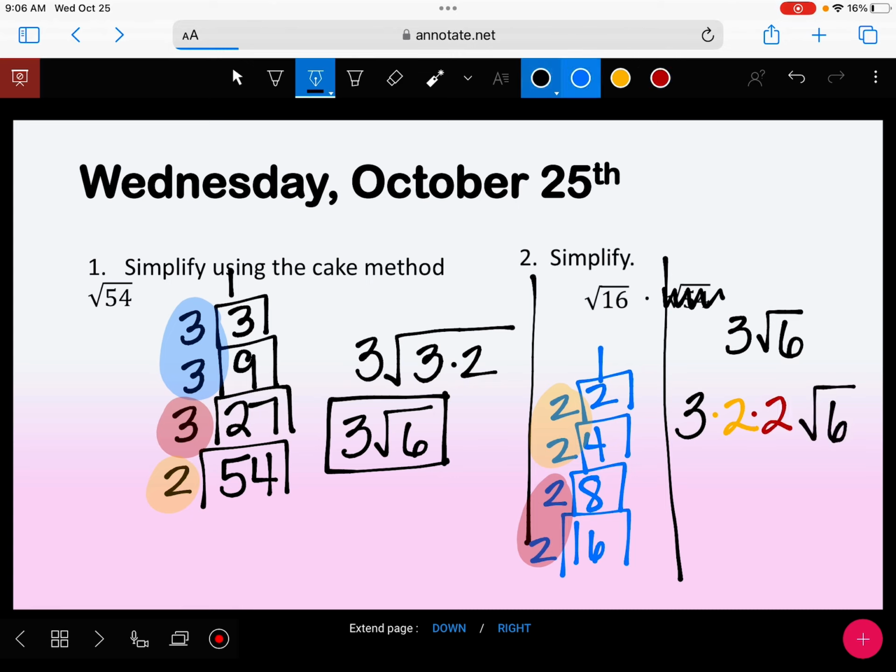All right, so pick up your calculators and multiply these together. Take 3 times 2 times 2. So 3 times 2 is 6, and 6 times 2 is 12. So my final answer would be 12 root 6.